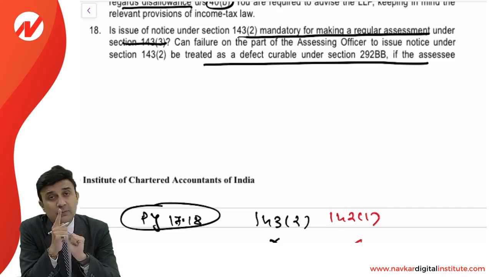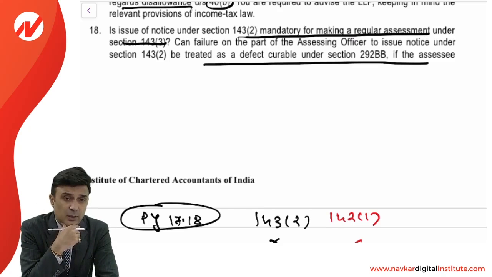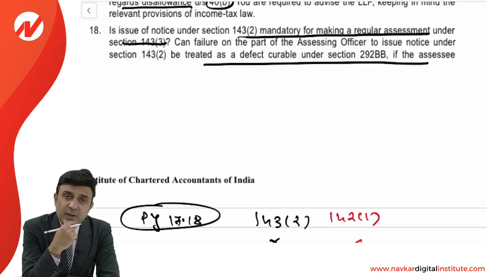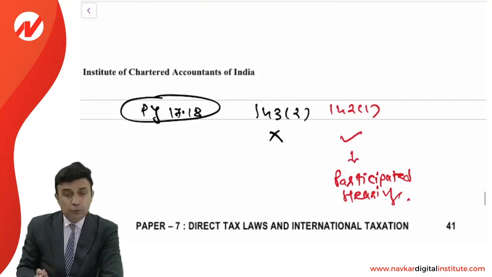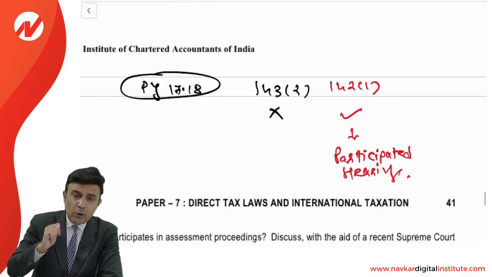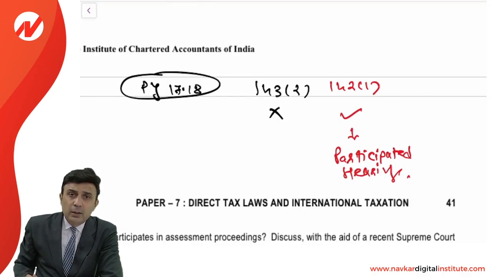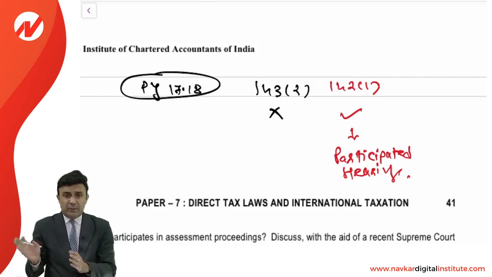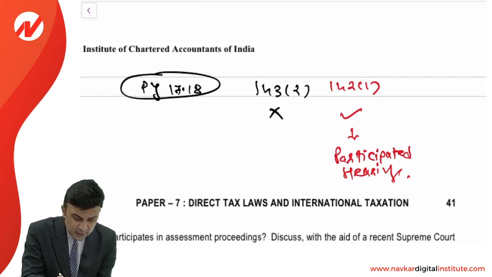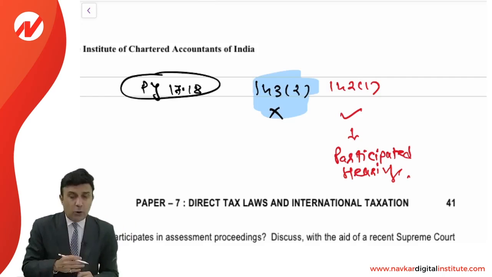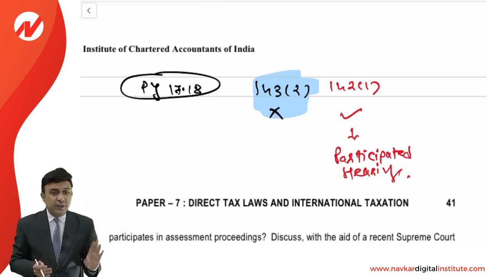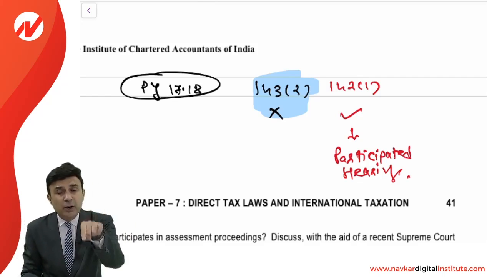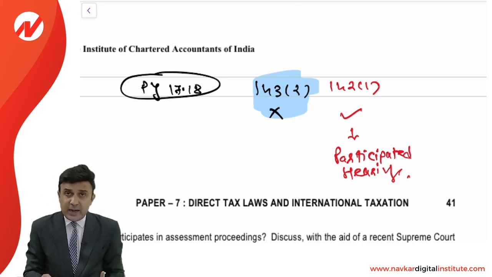The question raised by the Institute is that if 143(2) itself is not served to you, and directly you are called for details under 142(1), you started giving the details, you have started complying with the notice, and the order has come. Once the order has come or is about to be passed, you are arguing that, sir, as the notice under 143(2) is not issued, the proceeding itself is null and void. The AO is arguing that the proceeding is valid, not null and void.